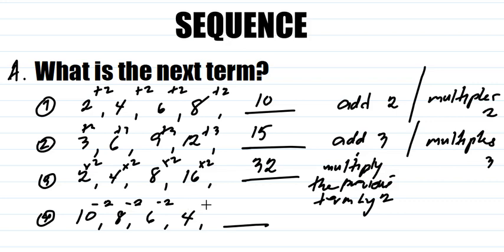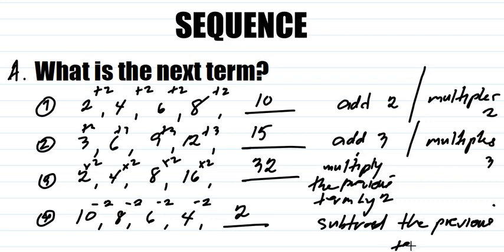Minus 2 is 4. At saka minus 2. So, yung next term ng ating number 4 ay 2. So, yung rule natin is subtract the previous term by 2. That's it. Yun ang talagang pinakaunang concept ng ating sequence.